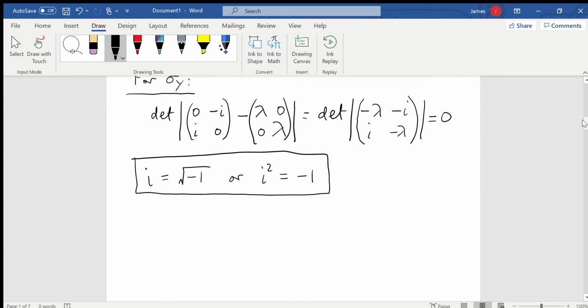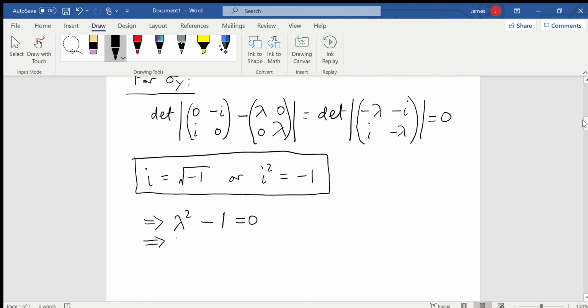So if we calculate this, we're going to subtract the diagonals. Minus lambda times minus lambda is just lambda squared. And from that, we're going to subtract the product of i and i, so that's just going to give us 1 again. Then we set that equal to 0.